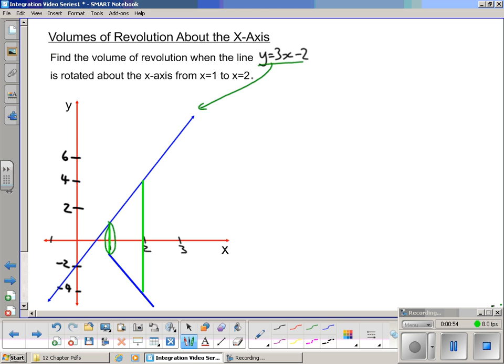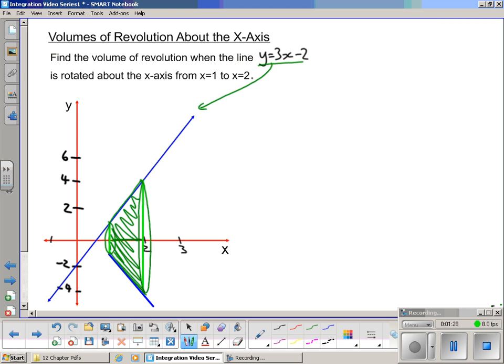If you figure that that section of the line just here is rotated around as if the hinge on it is on the x-axis, to create a bit like a witch's hat you might see on a football field. But it's the volume that we want to find. So can you imagine that rotating around and creating a 3D shape?